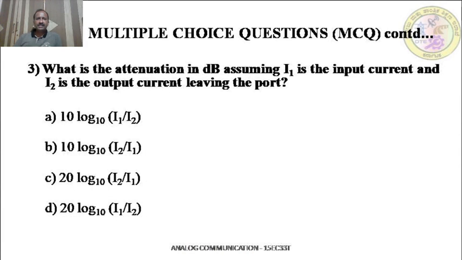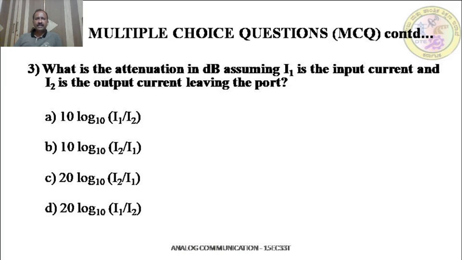Next, what is the attenuation in dB, assuming I1 is the input current and I2 is the output current leaving the port? Options: A, 10 log base 10 I1 by I2; 10 log base 10 I2 by I1; 20 log base 10 I2 by I1; fourth one, 20 log base 10 I1 by I2.